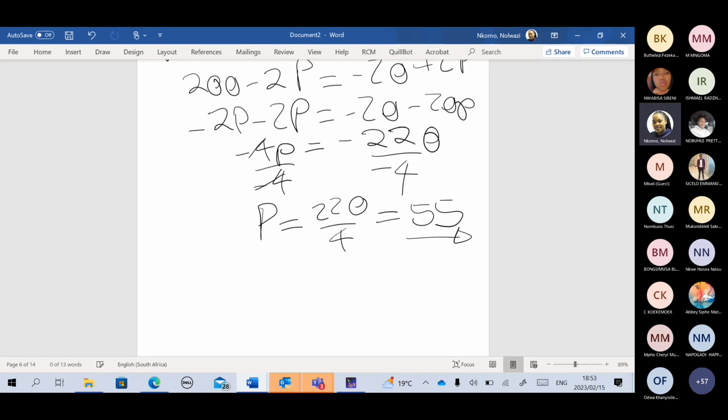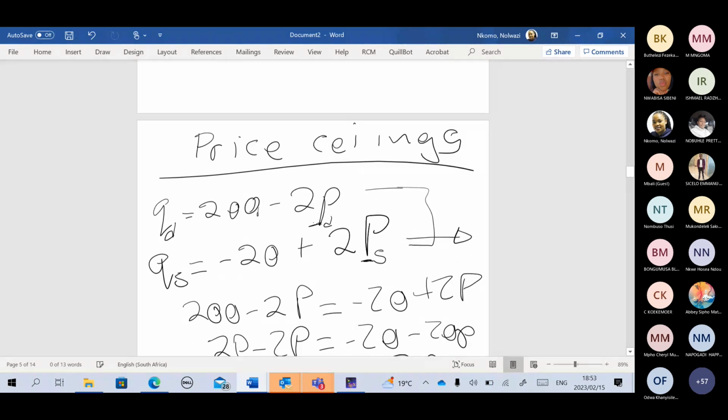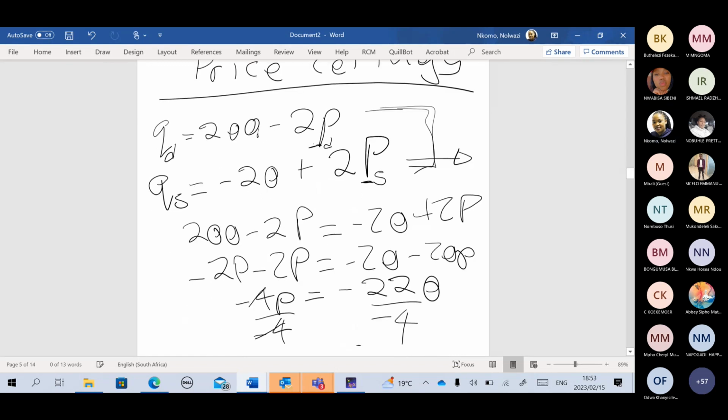And as I said, after obtaining the equilibrium price, we can just use that equilibrium price to find the equilibrium quantity. In this case, you can do that by substituting that price into either of these two given functions.